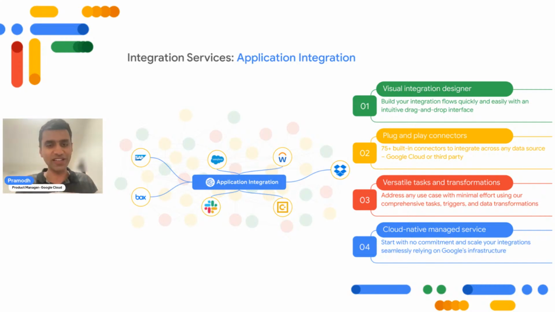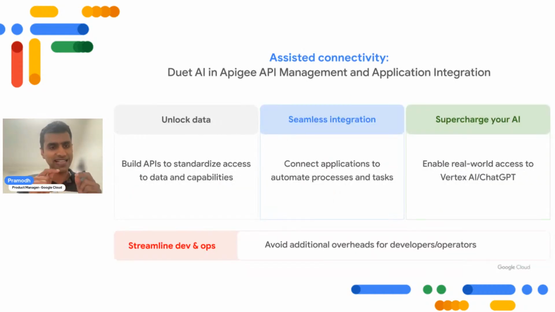So now let's get 1 and 2 together. What do I mean by that is we saw what is needed to bridge the gap. We saw the product capabilities coming in from Google Cloud. How does this match to the divide slide which we saw? With Duet AI, you could make your data useful, which means that Duet AI will help you build APIs in a standardized way so that you could unlock that data faster.